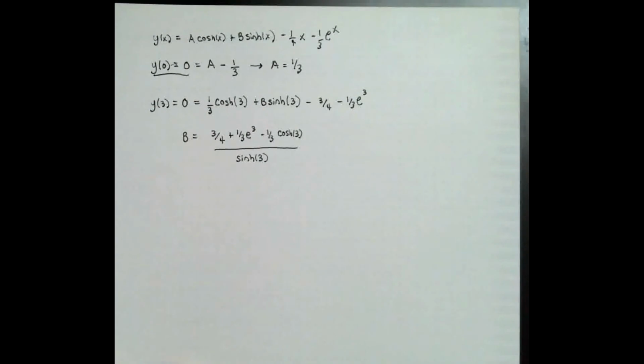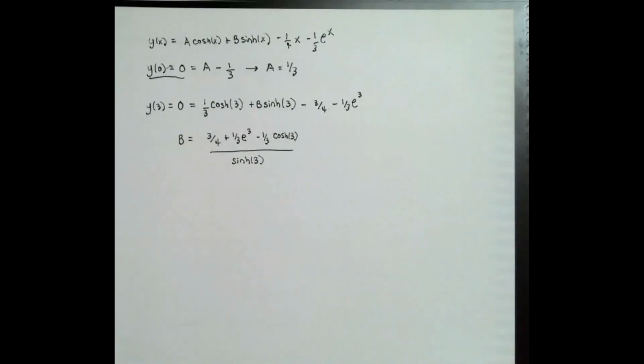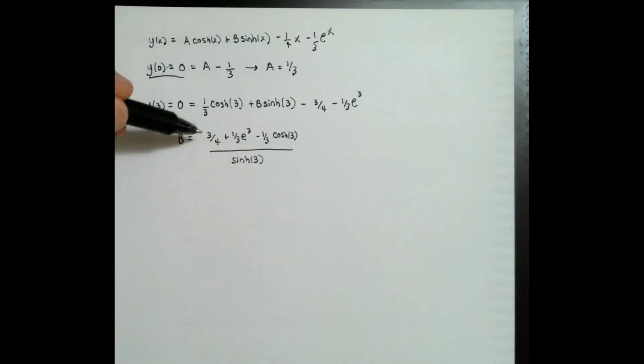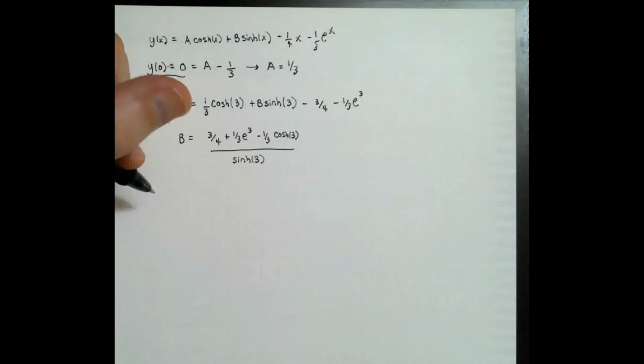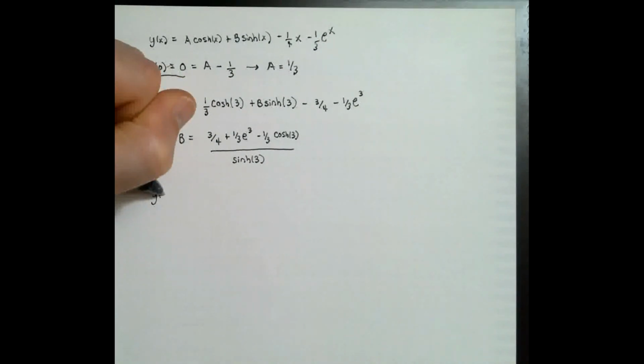And we really don't need to simplify this much further. I mean, if you want to get rid of the fractions, you can multiply top and bottom by 12. But it's not really necessary at this point. But let's just write down our full solution to this differential equation.